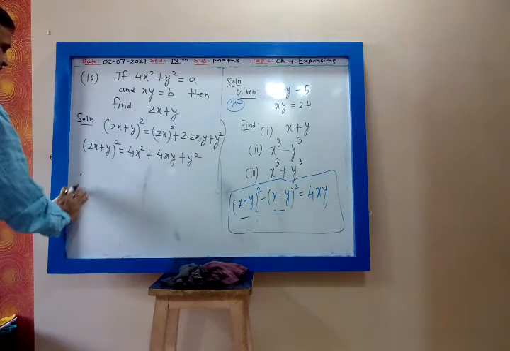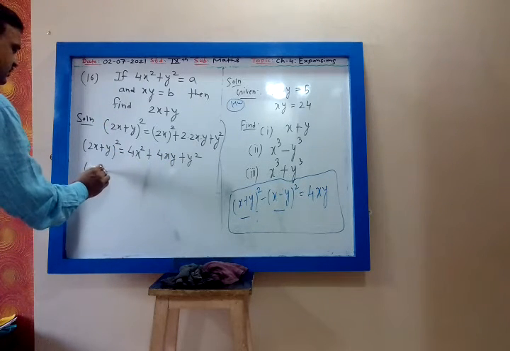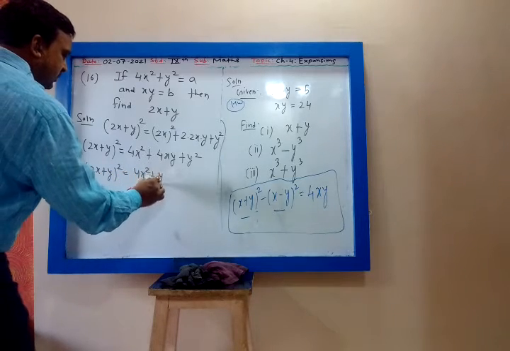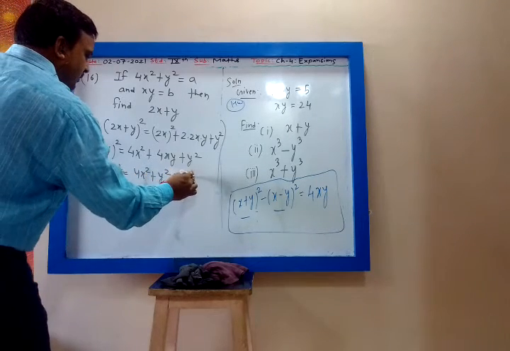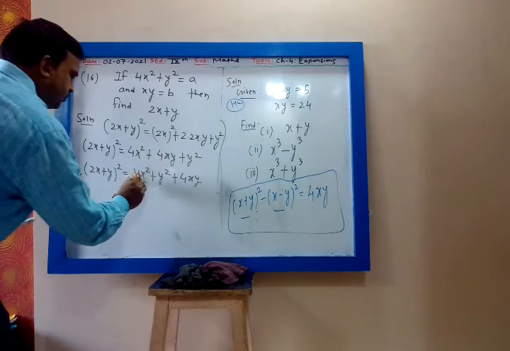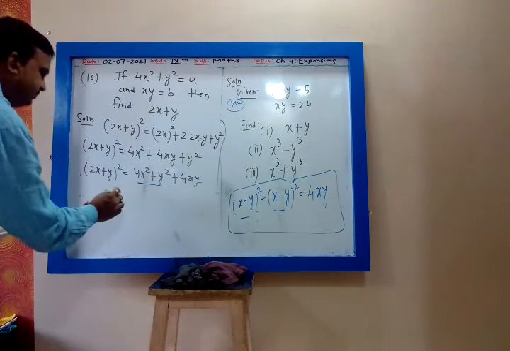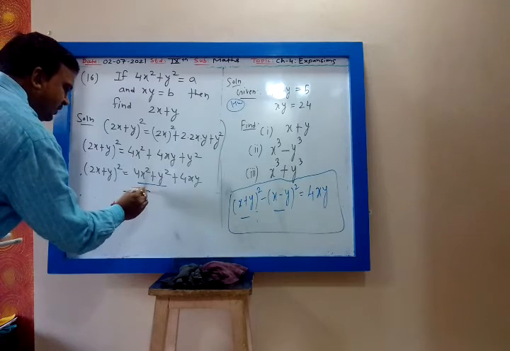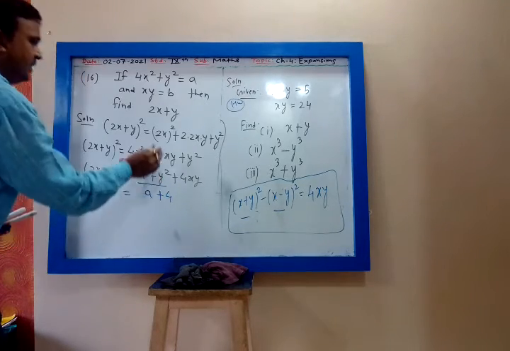Now we rearrange the terms. So 2x plus y whole square is 4x square plus y square plus 4xy. What is 4x square plus y square? This value is given as a. Plus 4 into xy, and xy is b.